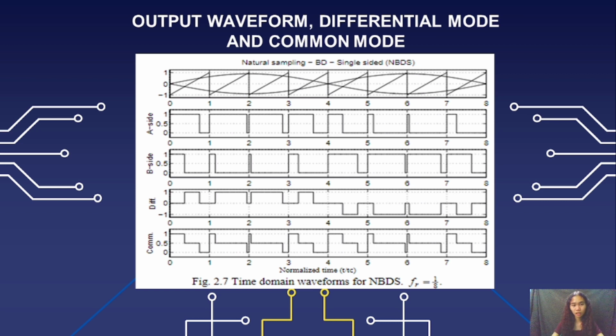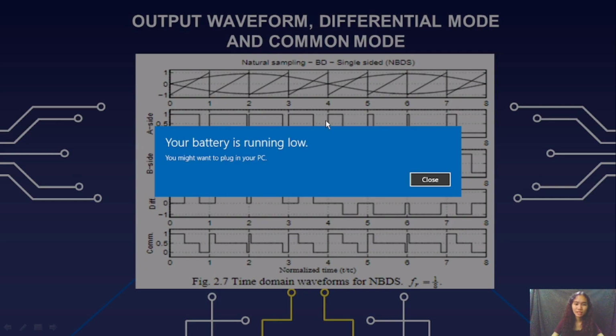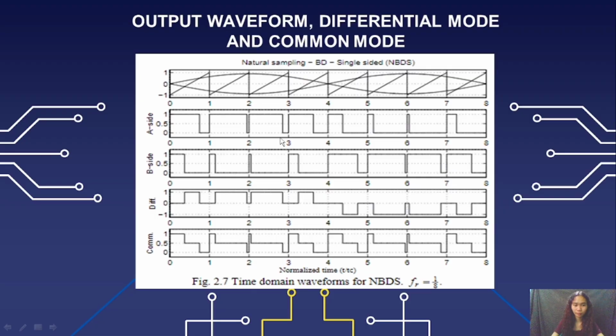But if the sawtooth carrier is higher than the analog signal, it will result in 0, and the process goes on. On the B side, it is the same process. If the analog signal is higher than the sawtooth carrier, it will produce a 1, and if it is lower than the sawtooth carrier, it will produce 0.